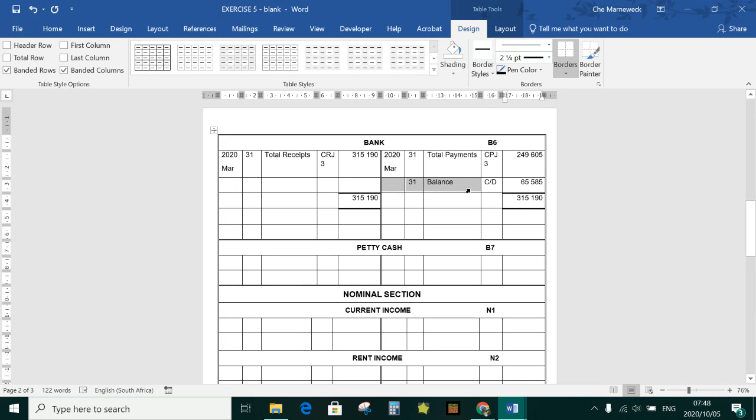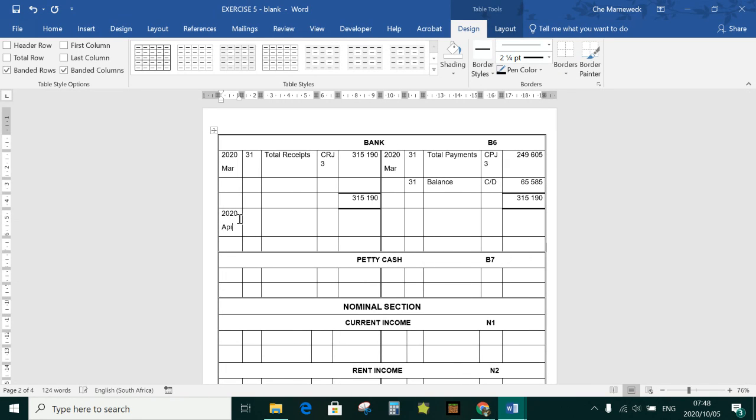On the opposite side to our balance carry down, on the first day of the next month, we have our balance brought down. How much money is sitting in our bank account on the 1st of April? It doesn't disappear. I now will start April with 65,585 Rand in the bank account.